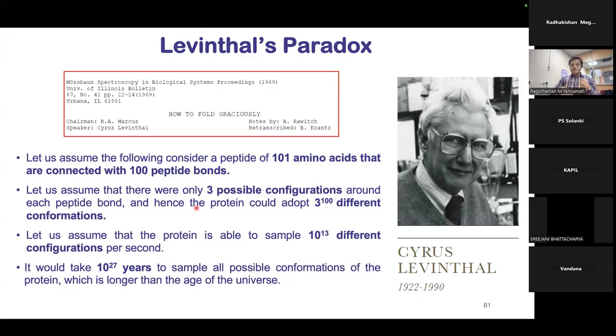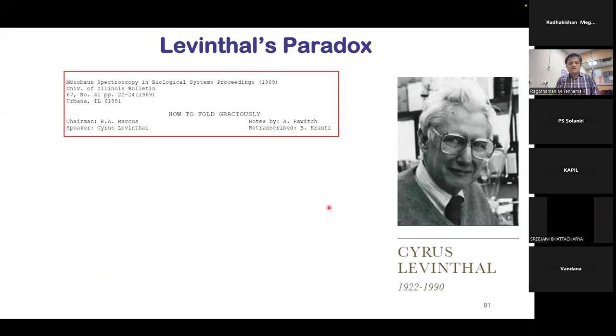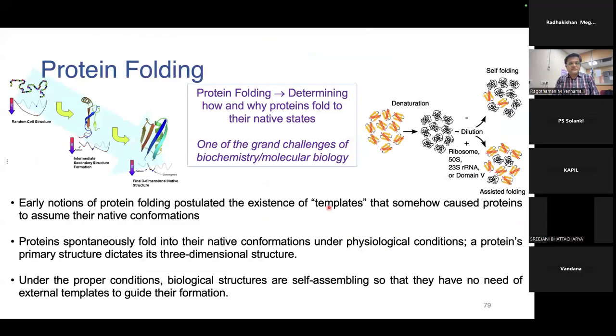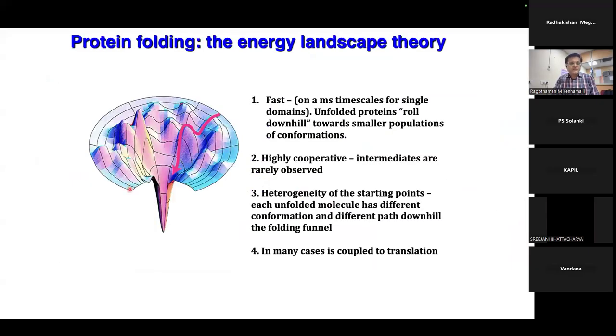So let us say among many different conformations, each bond takes only about 3 possible configurations. Then you have 3 to the power 100 different conformations. Those are the entire landscape. So to go back to this landscape, you have conformation 1, conformation 2, conformation 3, 4, 5, 6, 7, 8, like that. The entire landscape is filled, and each one is a conformational spot.